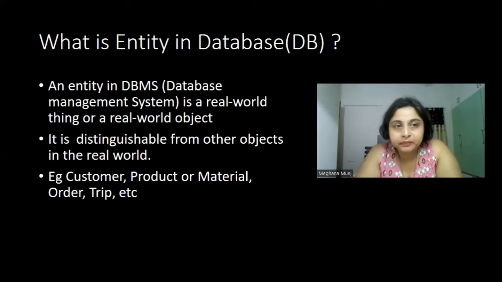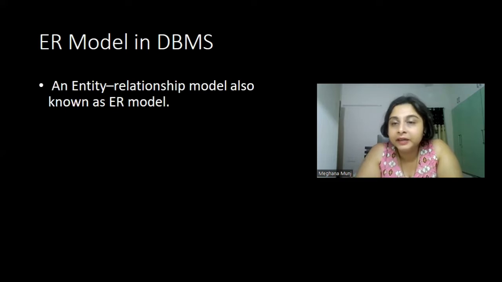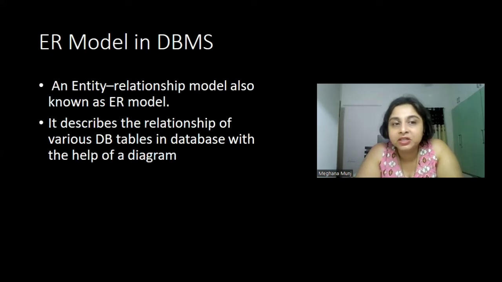Now, what is the ER model in database management system, DBMS? An entity relationship model is also called an ER model. It describes the relationship of the various database tables in the database with the help of a diagram. Each entity corresponds to one database table, and these entities will have relationships with each other.